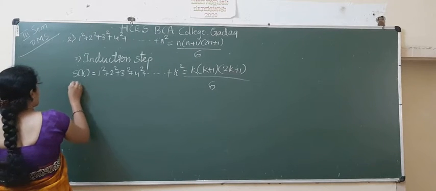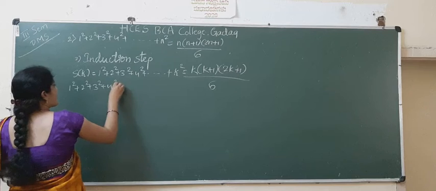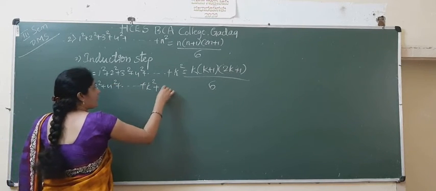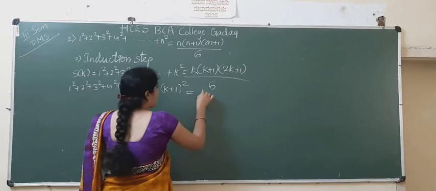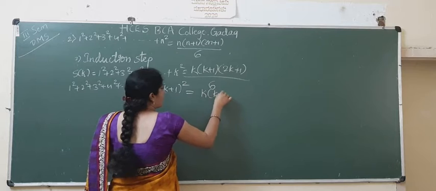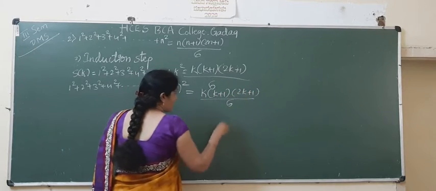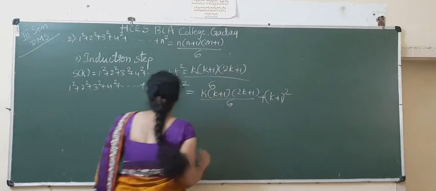So now this becomes 1 square plus 2 square plus 3 square plus 4 square up to k square plus k plus 1 whole square is equal to k into k plus 1 into 2k plus 1 divided by 6 plus k plus 1 whole square.